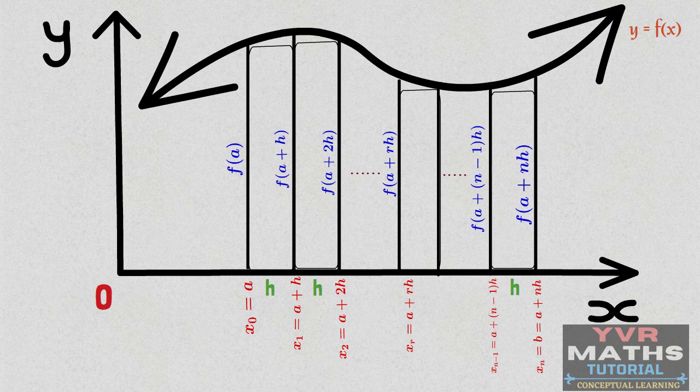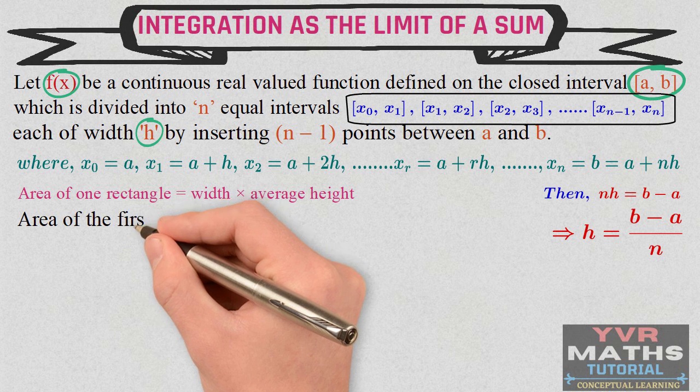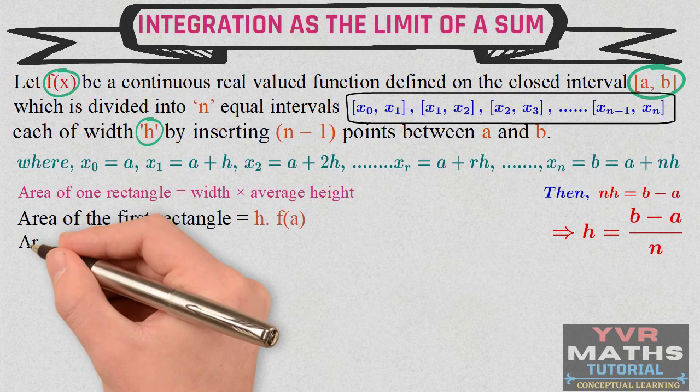So, after dividing the interval a comma b into n equal parts, each part is a rectangle. See here, in this diagram, it is very clear. Each part is a rectangle. So, we know the formula for area of the rectangle: width into average height. Here width is common for each and every rectangle, that is h. So, area of the first rectangle is equal to h into f of a.